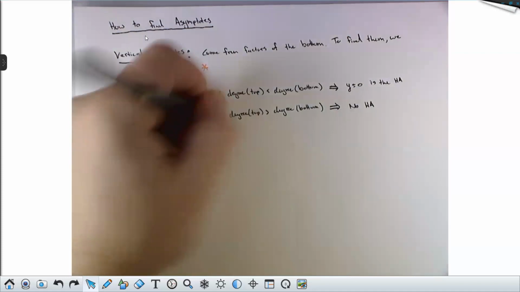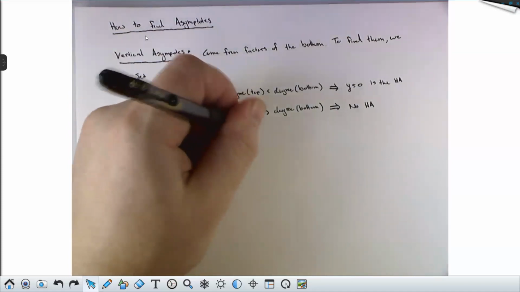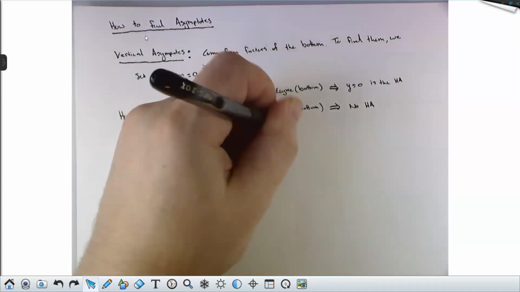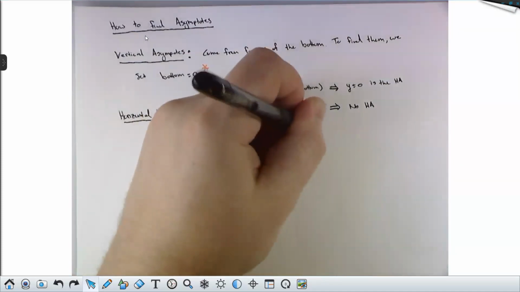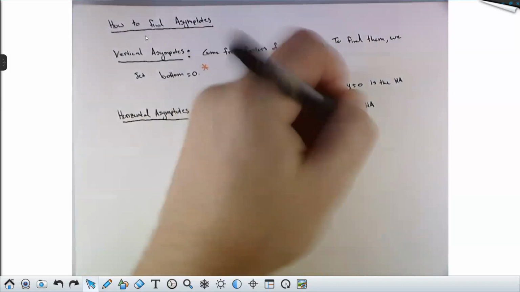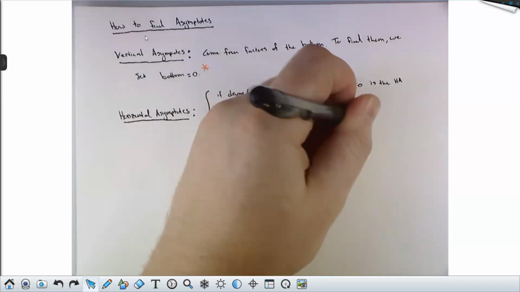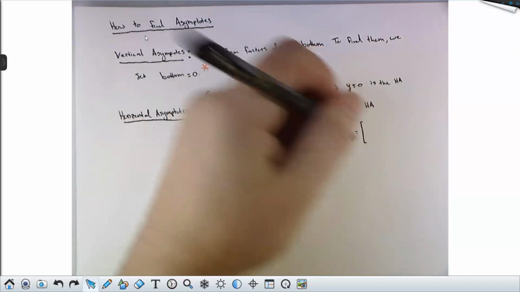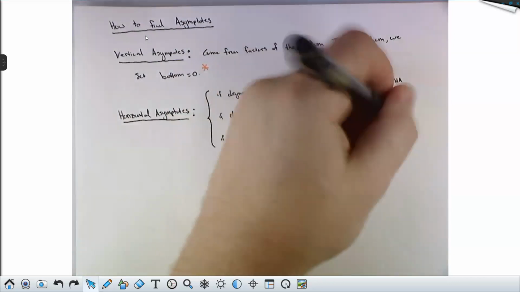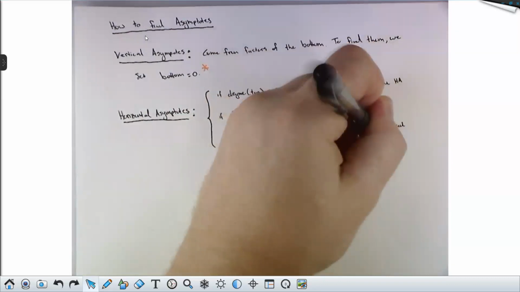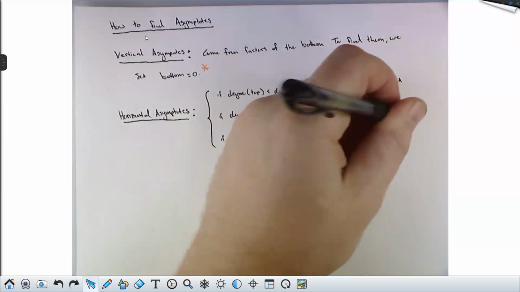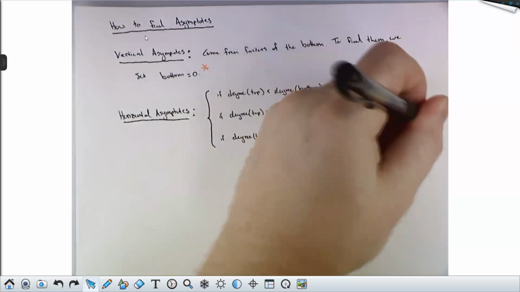And if the degree of the top is equal to the degree of the bottom, then the horizontal asymptote is the following line: the ratio of lead coefficients.